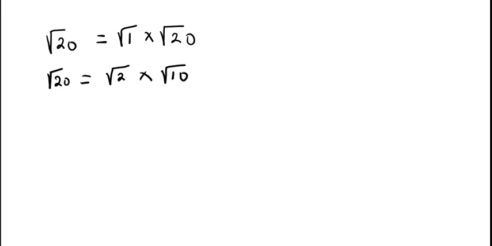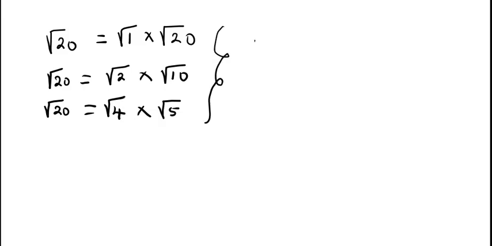Taking the same square root of 20, it can also be equal to square root of 4 multiplied by square root of 5. So all these are factor pairs. They are factor pairs that multiply to make 20.